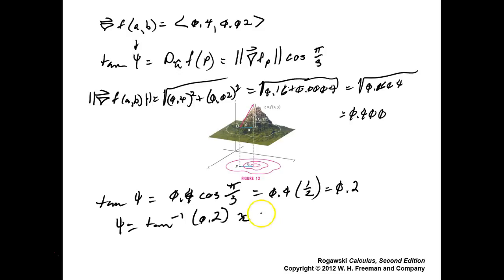Okay, 0.197 radians. And if you wanted that in degrees, you have a degree conversion on that. Yeah, that's what they got, 11.3 degrees.